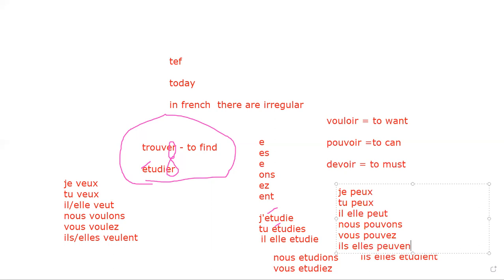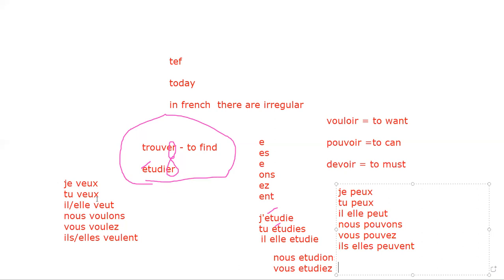So repeat after me. Il, elle peut. Compare vouloir and pouvoir verbs. Repeat after me. Je veux. Tu veux. Il, elle veut. Nous voulons. Vous voulez.